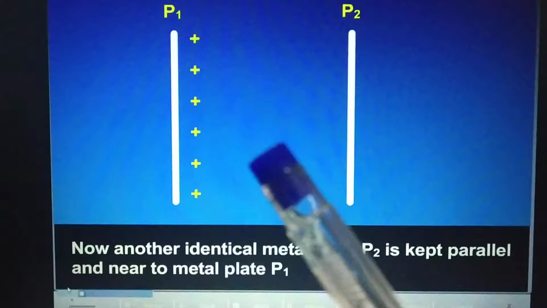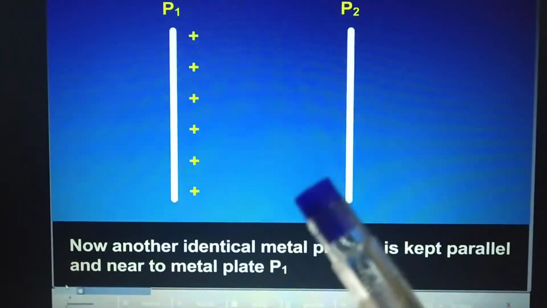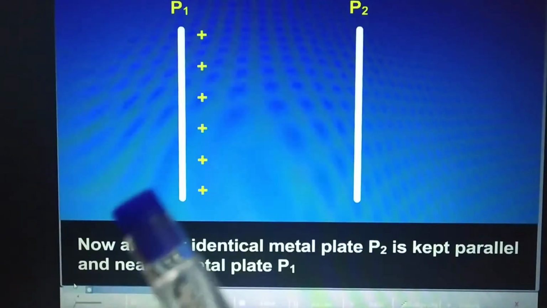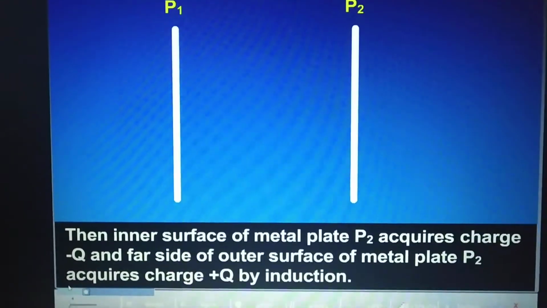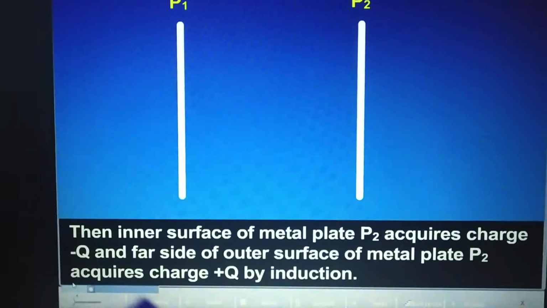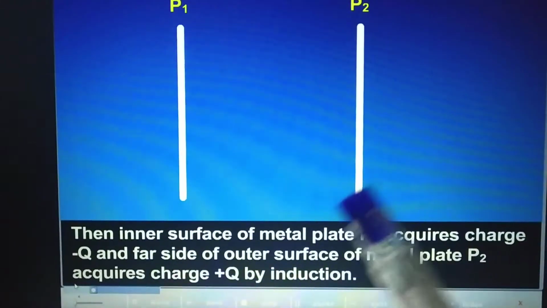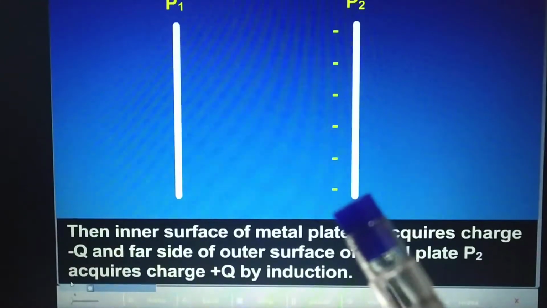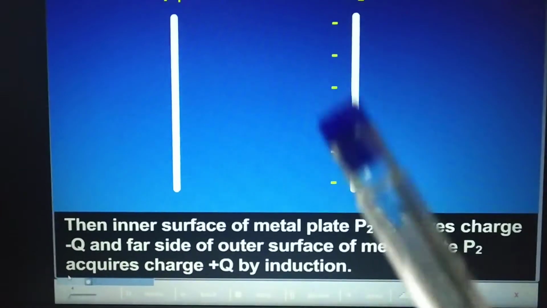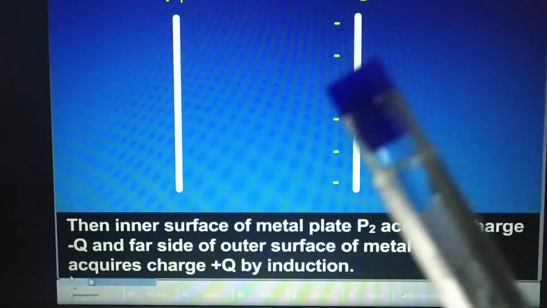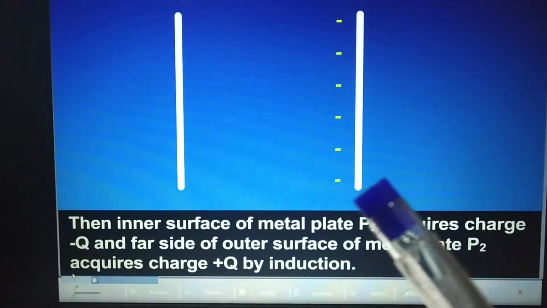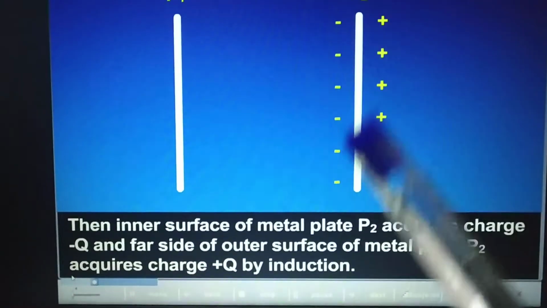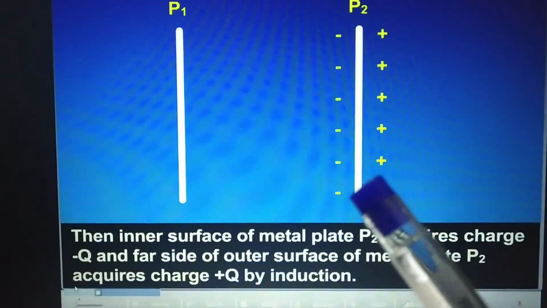Now another identical metal plate P2 is kept parallel and near to the metal plate P1. Then the inner surface of metal plate P2 acquires charge minus Q, and the far side, the outer surface of metal plate P2, acquires charge plus Q by induction.